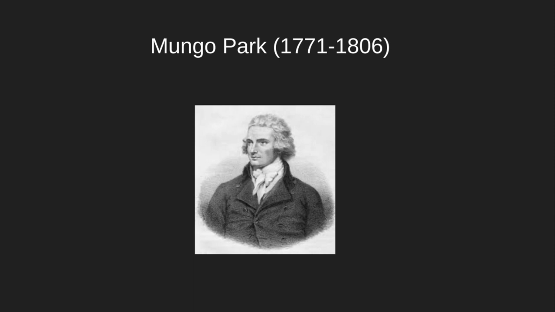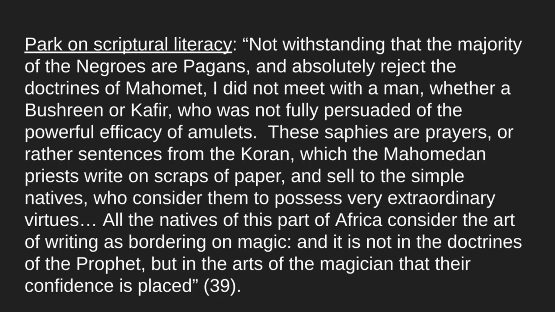He lived from 1771 to 1806. He traveled to West Africa twice, came back, and wrote his travels, which were published in 1799. On his second trip to West Africa, he was killed. He did not make it back, although his notes were published later. Now here you can see Park.